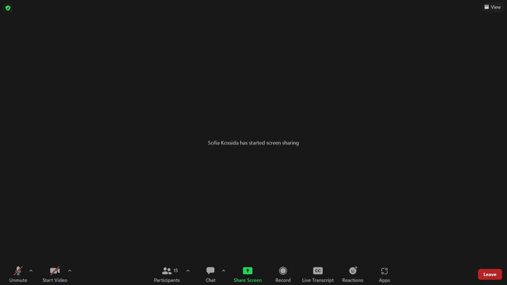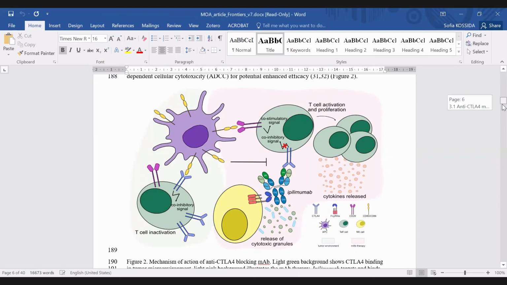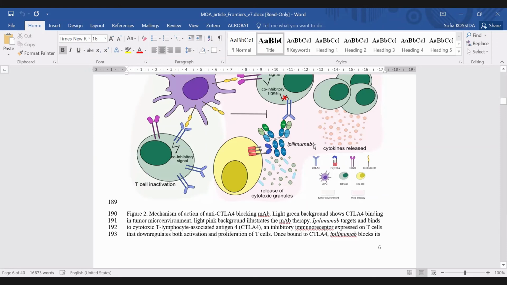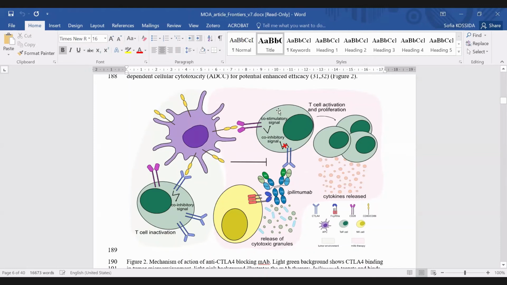Share screen. I'm sharing, for instance, one figure of this article, figure 2. You see ipilimumab, the different actors, the different players, the different types of cells. There are T cells, and this ipilimumab binds to CTLA4. Once there is this binding, the co-inhibitory signal is not in place anymore.